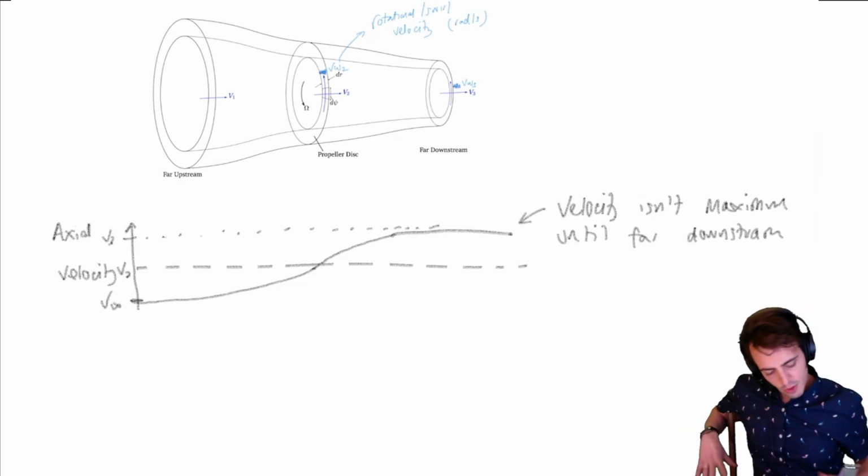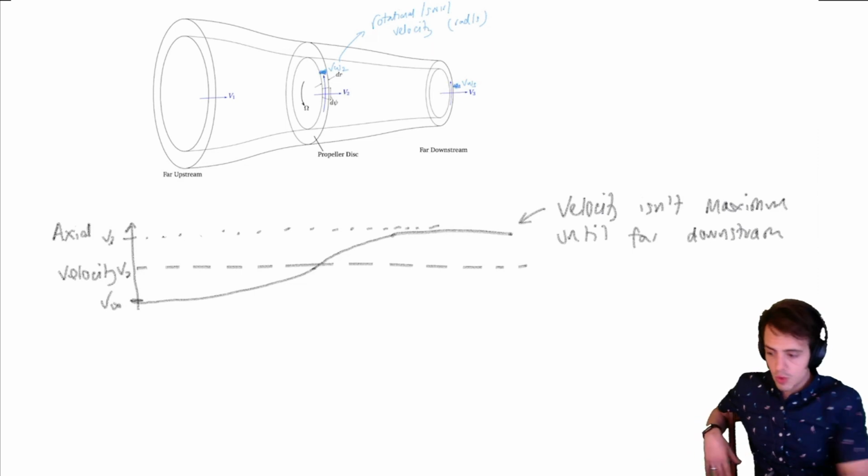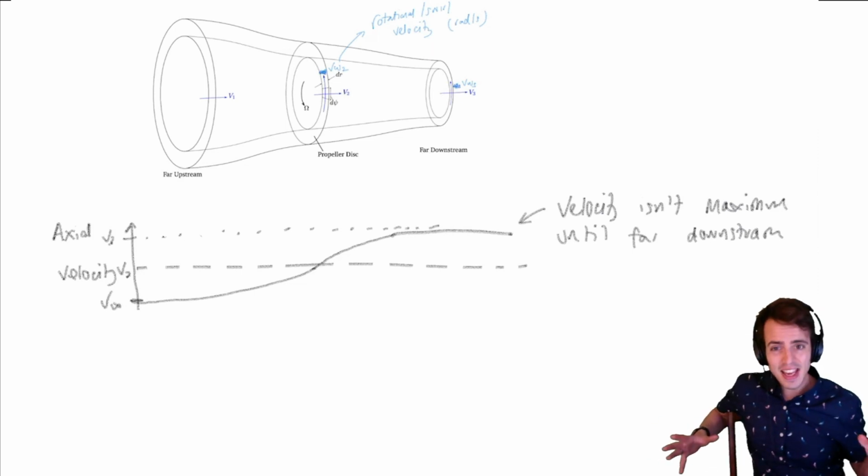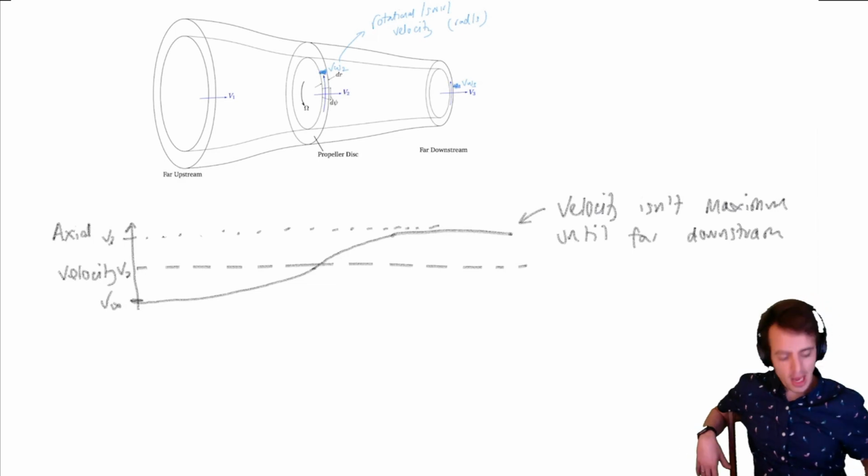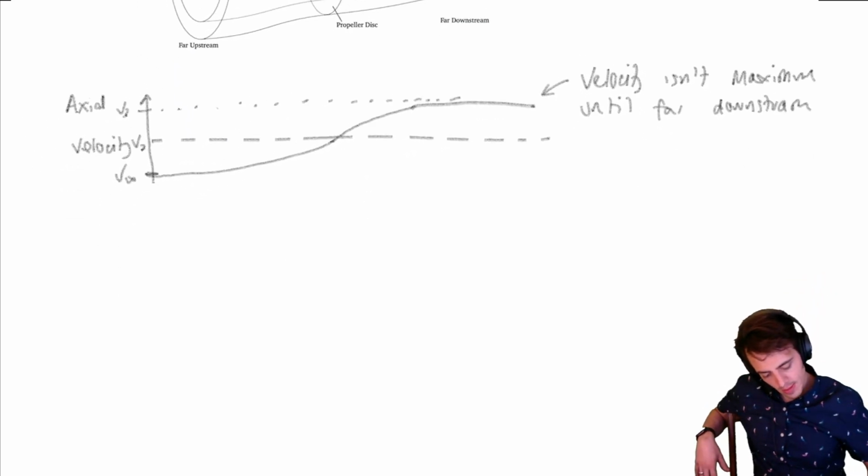If we were to look at the same for the rotational velocity, or this swirl velocity, there isn't any swirl before we hit the propeller. So if we were to draw something similar now, let's draw rotational velocity.